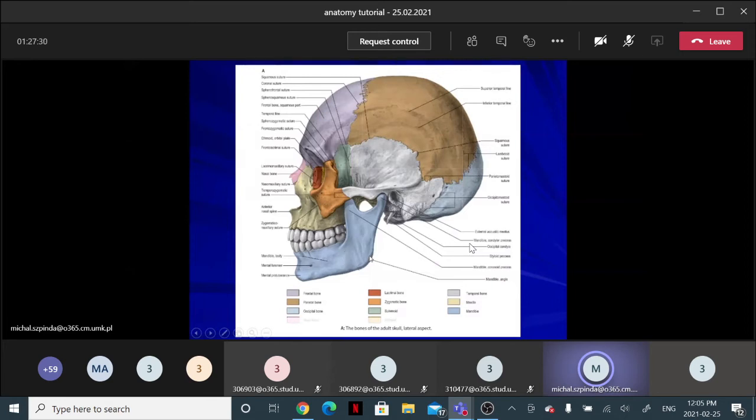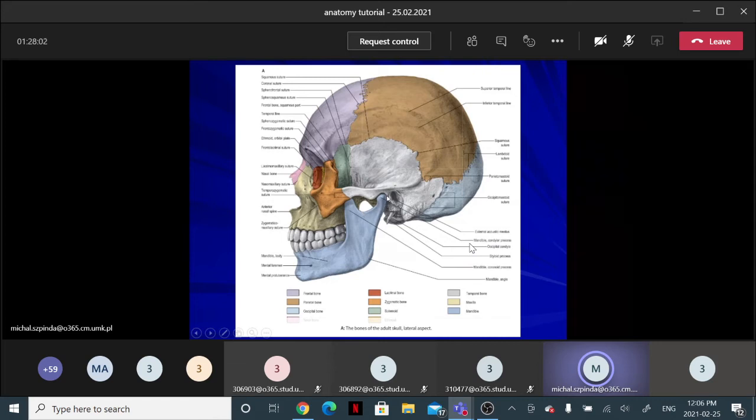It completely belongs to the ramus of the mandible. The ramus of the mandible bears two processes. The anterior one is triangular and called the coronoid process.